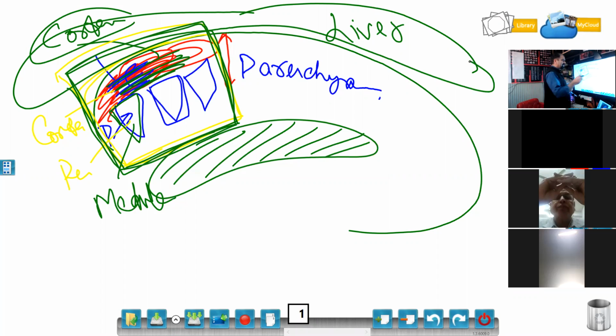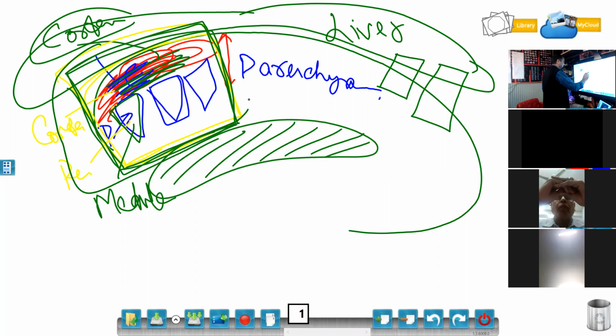Then I can see whether the liver is echogenic or the kidney is diseased. Now, in normal, these two, liver and parenchyma, are almost equal in echogenicity. I'm using the word almost equal in echogenicity.